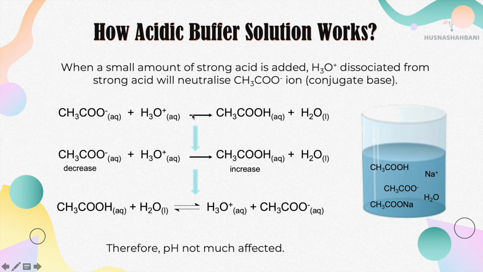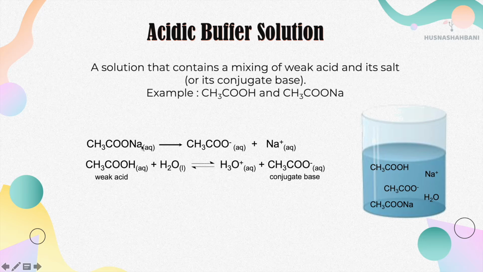As this reaction happens, the concentration of CH3COO- changes. The CH3COO- ion comes from two sources. One source is the CH3COO-Na salt. The second source is the CH3COOH weak acid. So you have two sources to get CH3COO-.